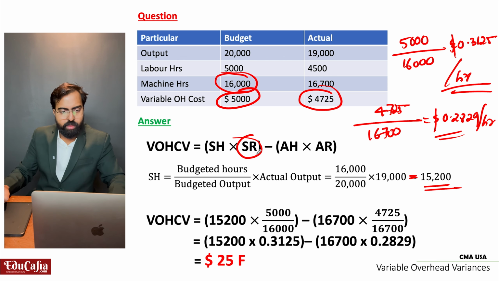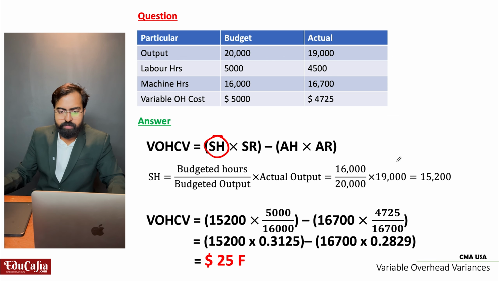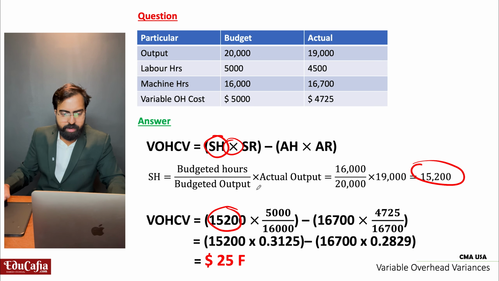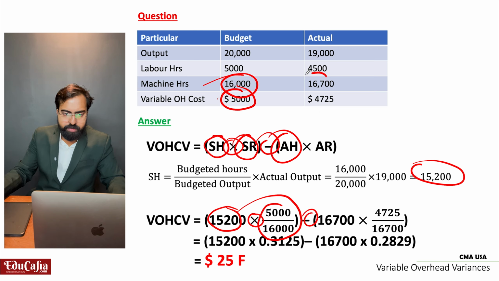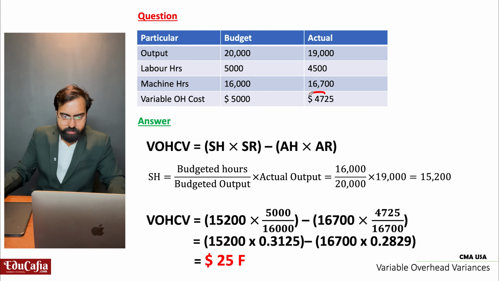So standard hours 15,200 is multiplied with the standard rate, that is 5,000 divided by 16,000, minus actual hours, 16,700, multiplied by the actual rate, that is 4,725 divided by 16,700.